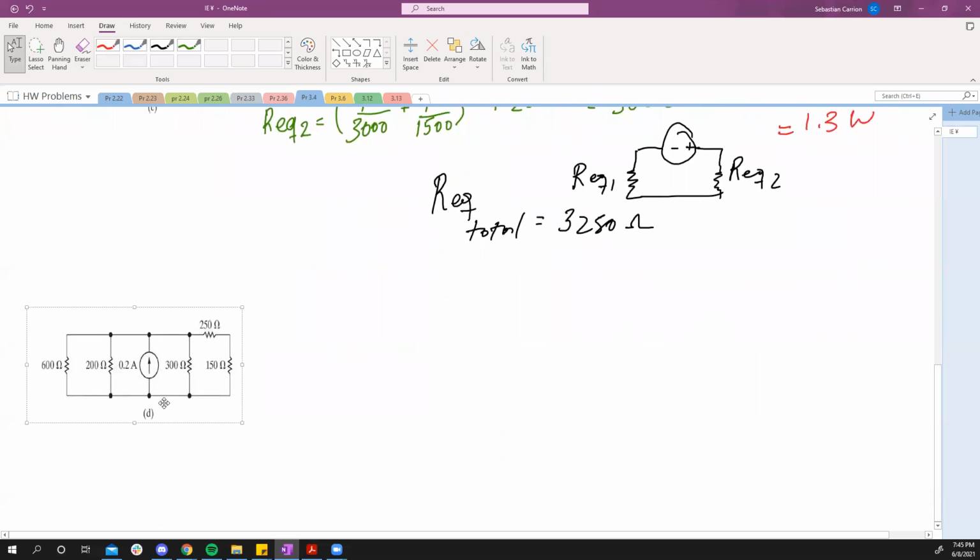All right, so similar situation with this one. I'm going to do the same thing. So these two right here are in parallel, right? They both share the same nodes at both ends.